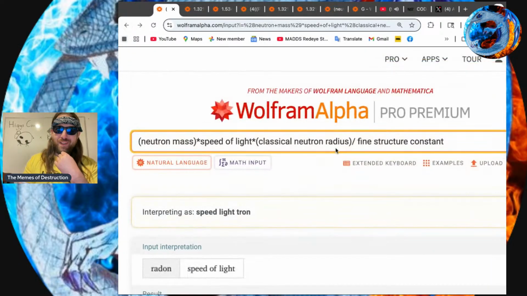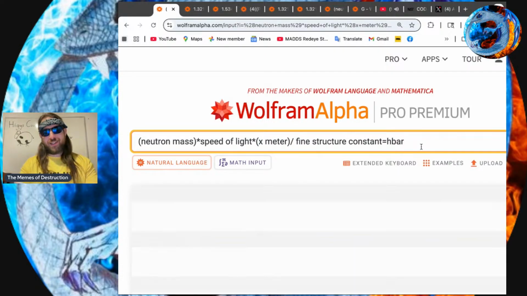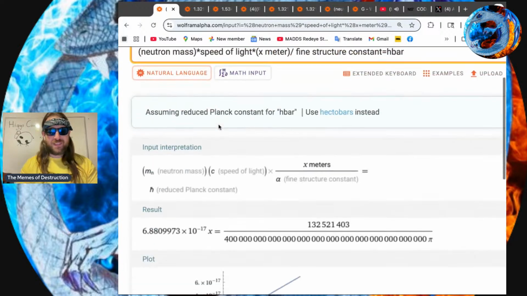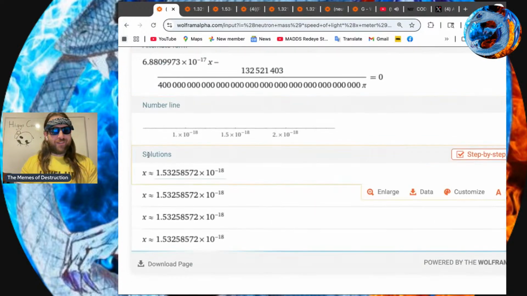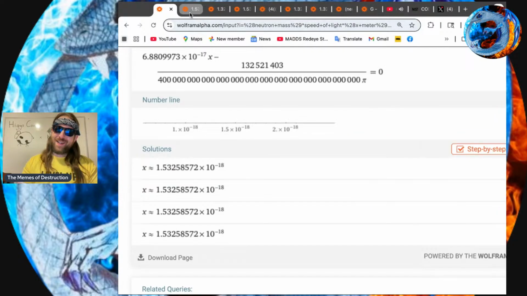Okay, so here's what we needed to do. We need to solve for x meters, like we did for the proton, and we're saying this is equal to h bar. Okay. So it's giving us this number, which looks very much like what the proton's was.